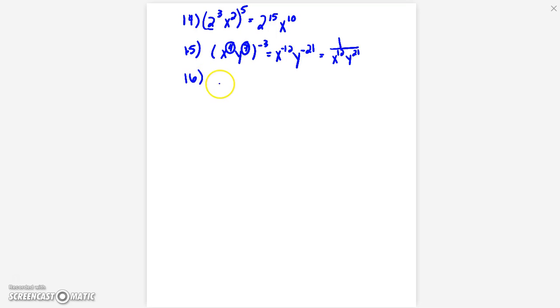16, x to the 11th power, y to the 10th power, all over x to the negative 3, y to the negative 1.